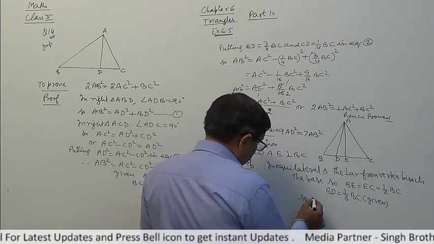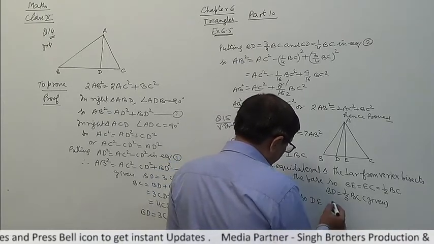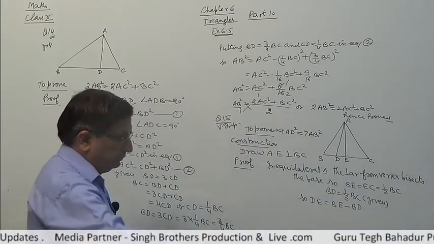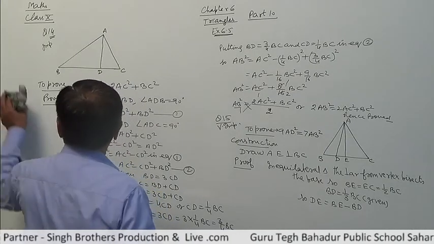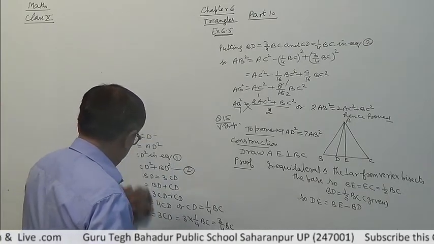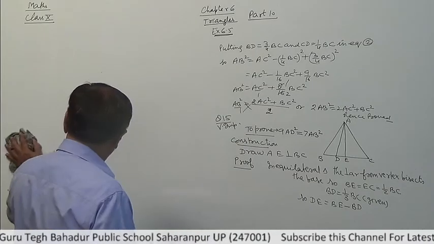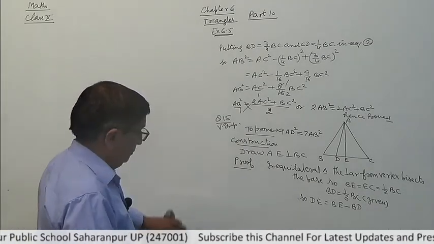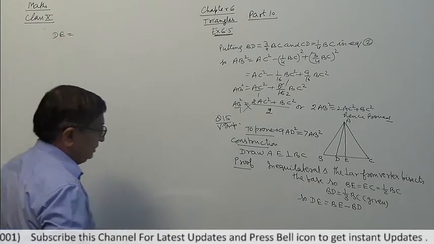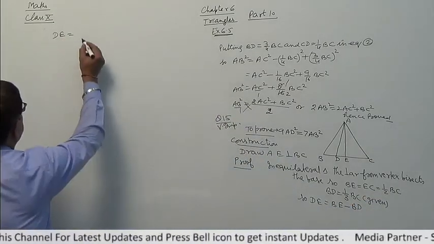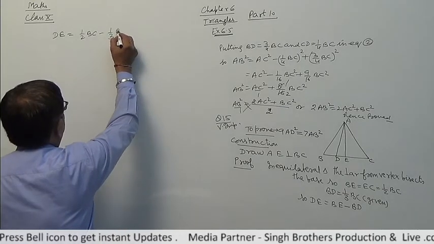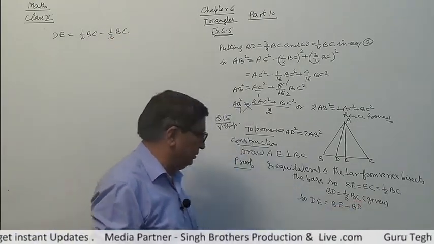So DE is equal to BE minus BD. DE is equal to BE, which is 1/2 BC, minus 1/3 BC, because BD is 1/3 BC.